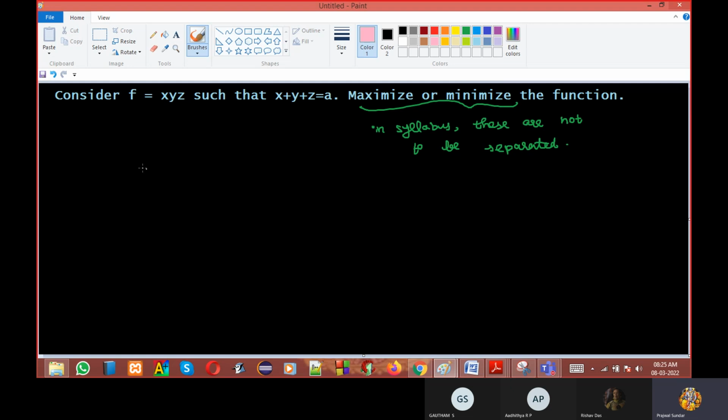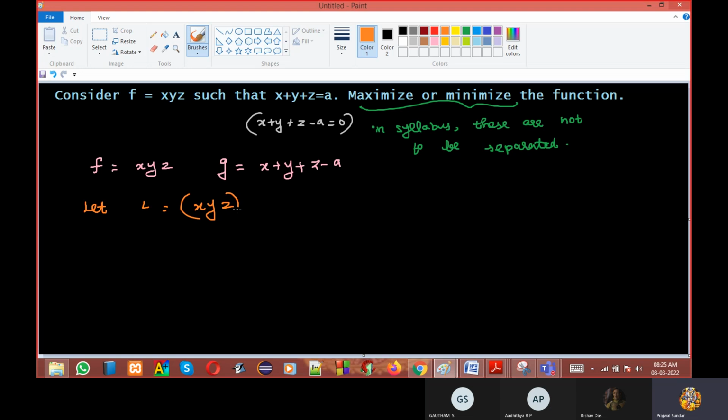Now f will be xyz, right? And what is g? G I'll write as x plus y plus z minus a. You write the condition like this. Clear? Now what to do? Let L be xyz plus lambda into (x plus y plus z minus a).